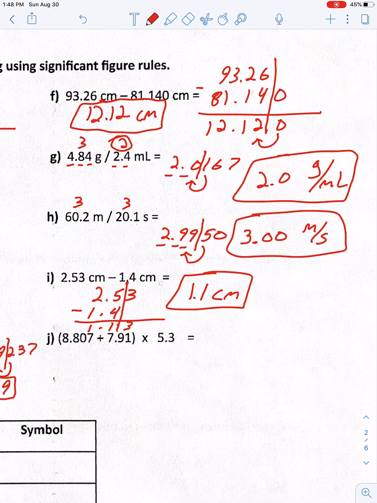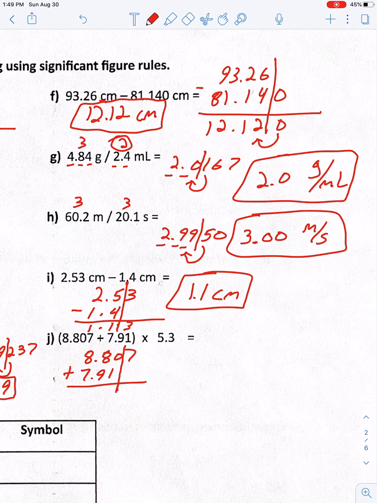Last one, 8.807 plus 7.91 in parentheses times 5.3. So PEMDAS, parentheses first. So I'm going to do my adding first because it's in parentheses. So 8.807 plus 7.91. Remember, the stacking only works if your decimals are lined up. I'm going to draw my line here because 7.91 stops at the hundredths place, and 8.807 goes all the way to the thousandths.